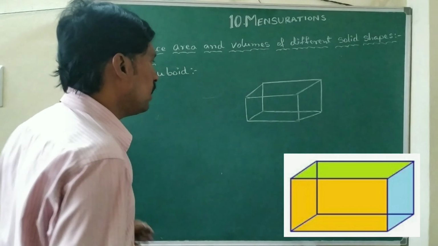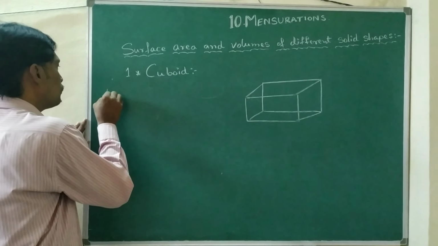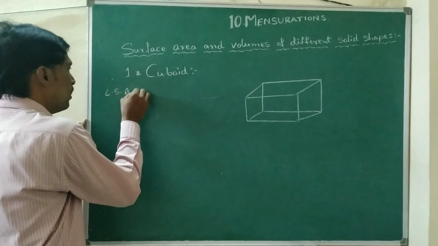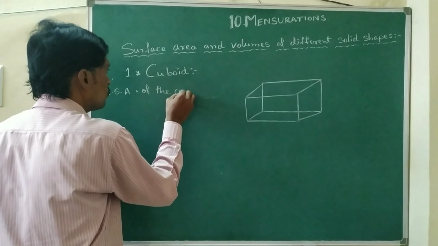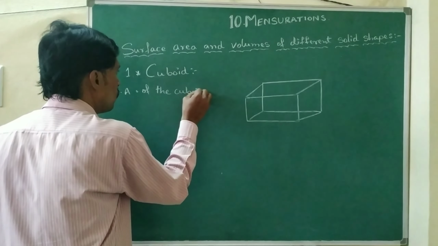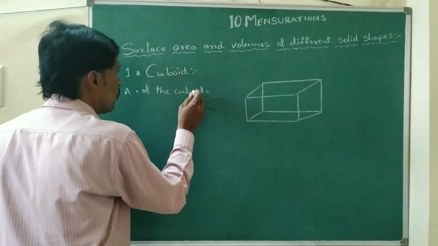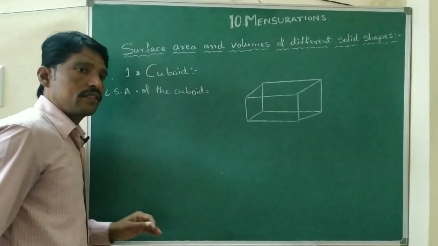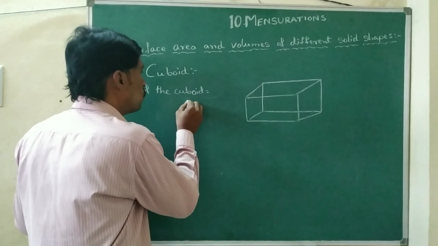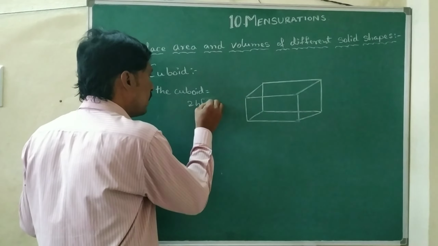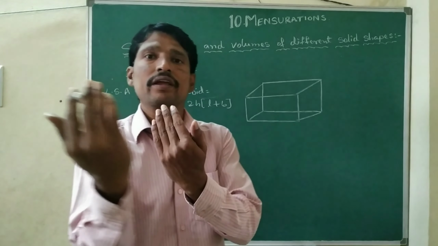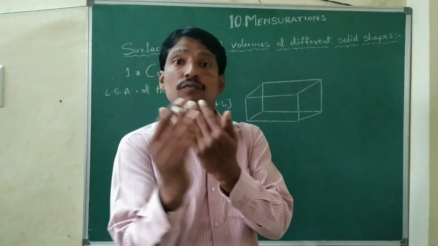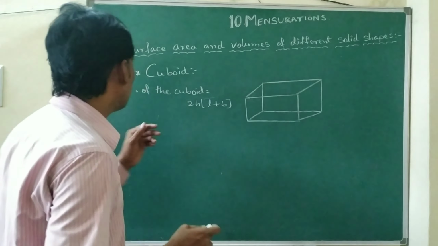So what is LSA of the cuboid? LSA of the cuboid is 2h into (l plus b). Only LSA. LSA means we take just 4 walls, only 4 sides we have to include.